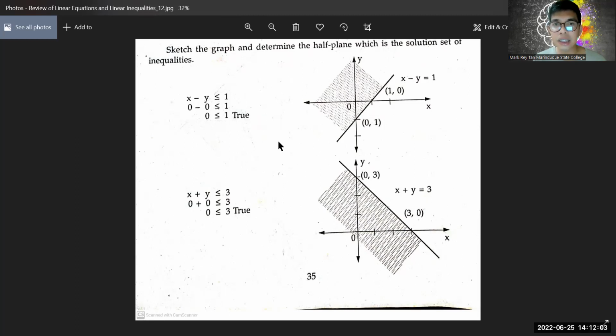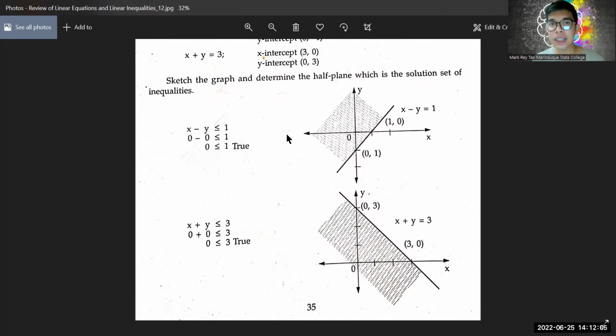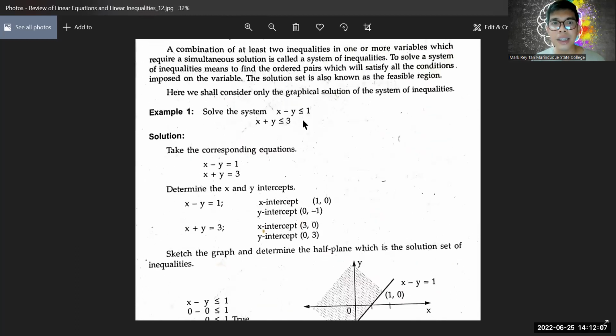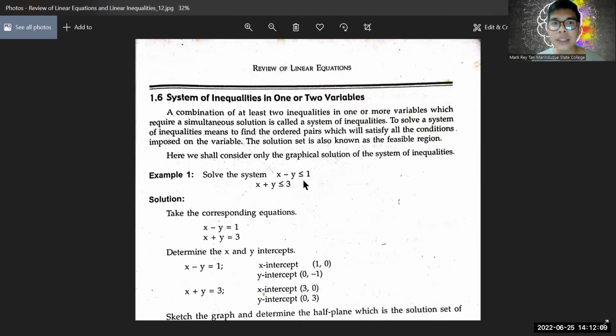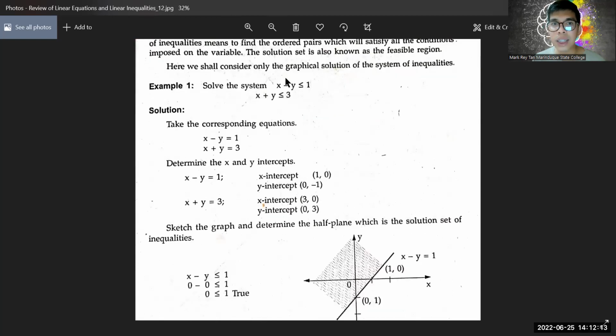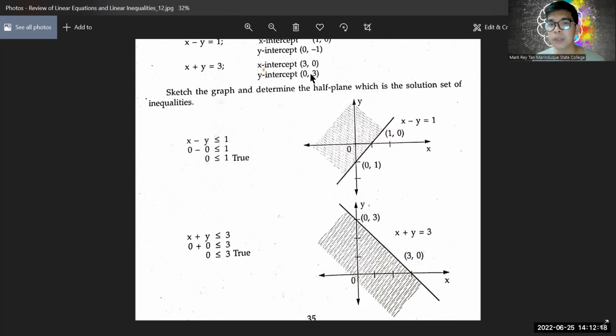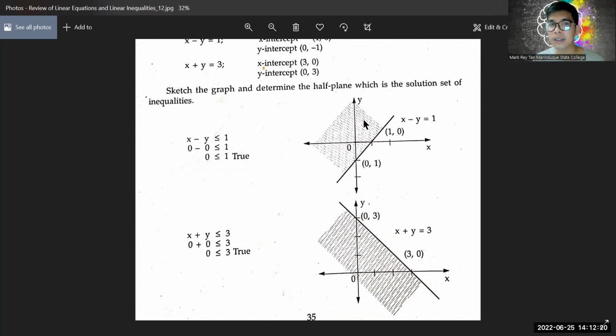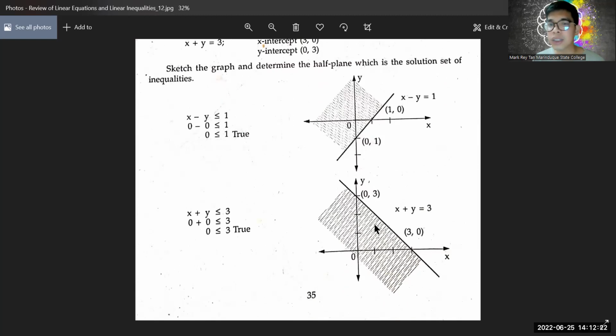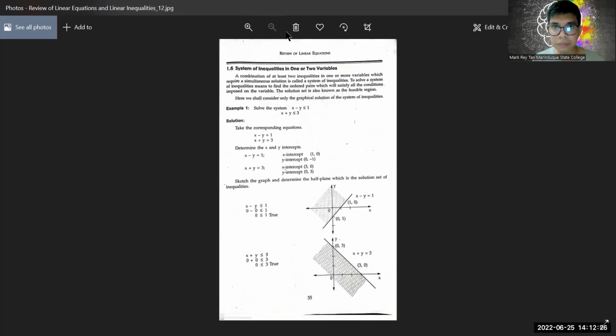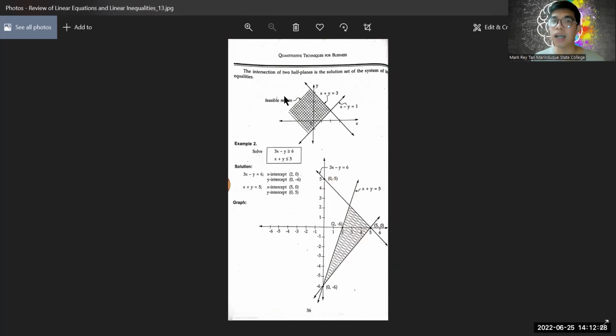Okay. Ngayon class, hindi pa ito tapos dito. This is a system of inequalities na in one or two variables. Whereas, kailangan natin pagsamahin yung dalawa. Dalawa siya. So, ibig sabihin, hindi ito yung final answer natin dito. Dapat magkasama silang dalawa sa isang Cartesian plane. So, if we're gonna do that, ito siya.